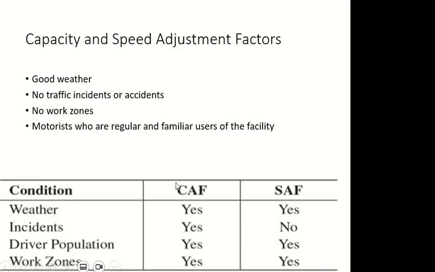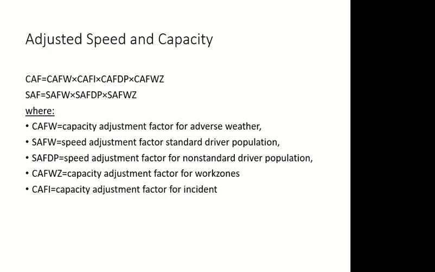Okay, so this table gives you what is affecting what. So weather affects capacity and speed both. Incident only affects capacity. Driver population affects both, and work zone also affects both. Okay, so you have only incidents which only affect capacity, the rest of them affect both parameters.